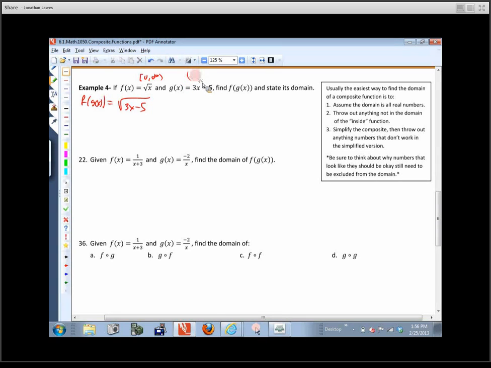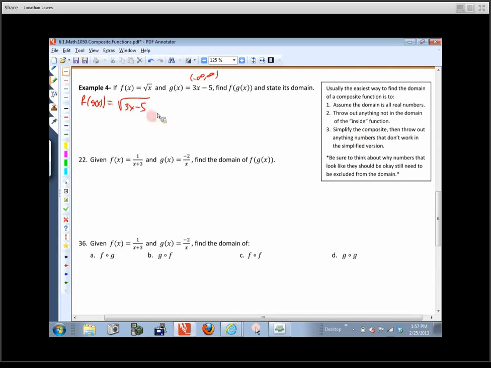So here's generally the best thing to do, and I've got it outlined over here. Assume the domain is all real numbers. So assume you've got everything you need to start with. Throw out anything that's not in the domain of the inside function. If we look at the inside function g, it's still negative infinity to infinity. Find the composite function and then throw out anything that you need to in the end.